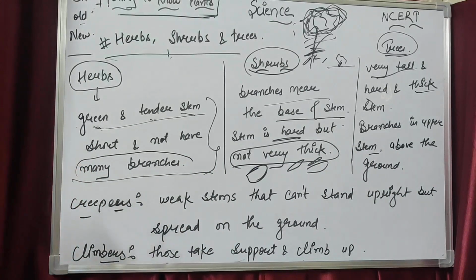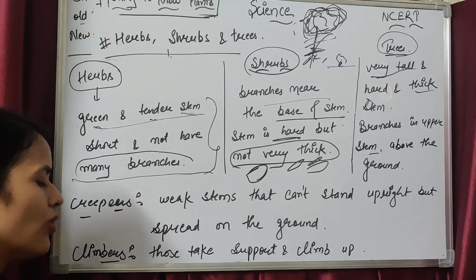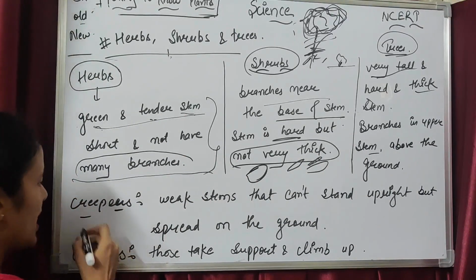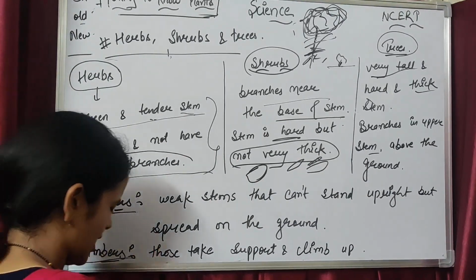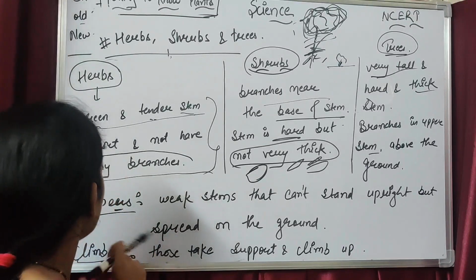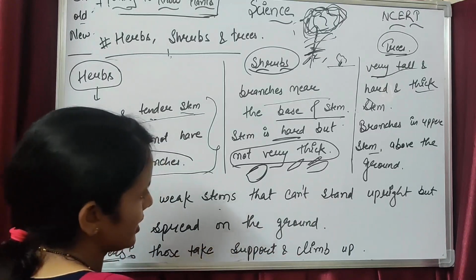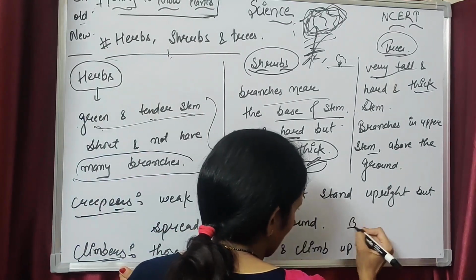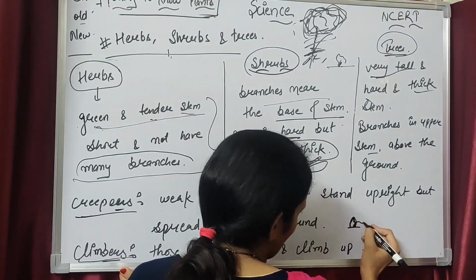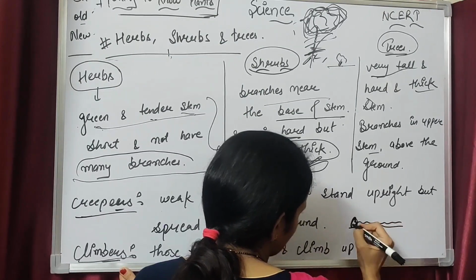Clear? Now the 2 more parts, creepers and climbers. You will see these in your house also. Creepers have weak stems that cannot stand upright but spread over the ground. Like you will grow a plant here. This is a seed. It will grow in this portion.